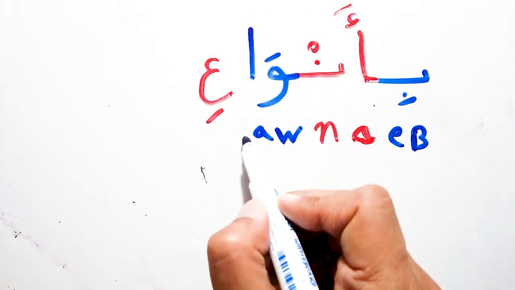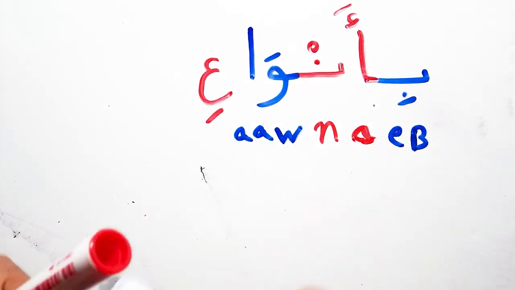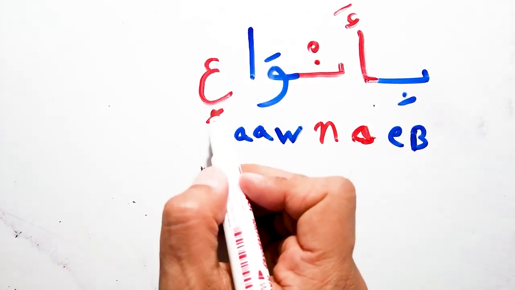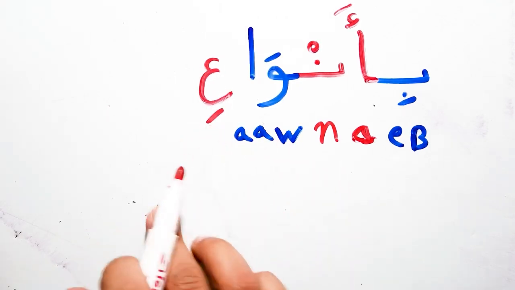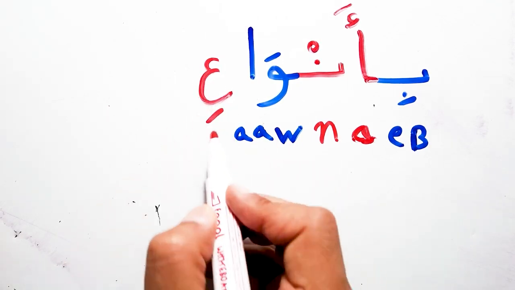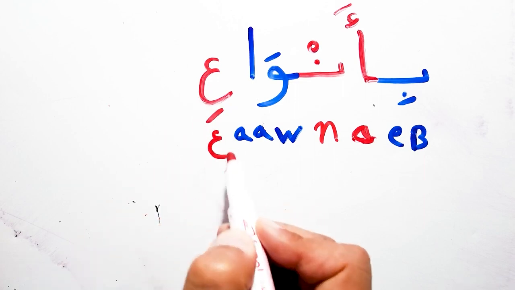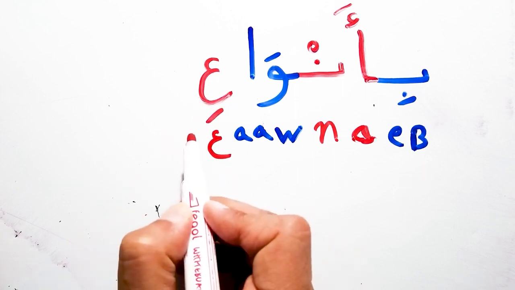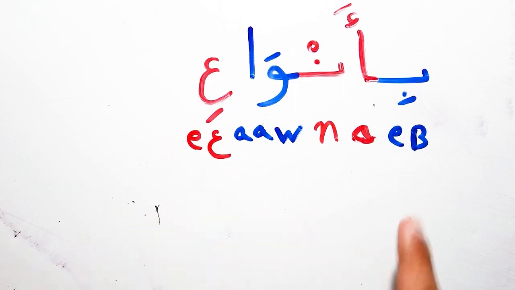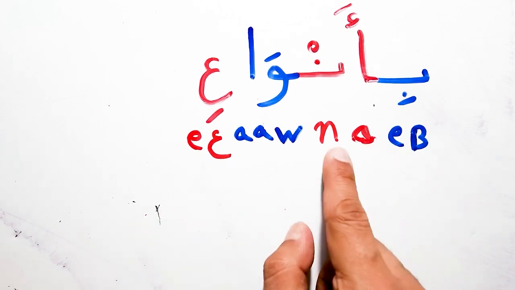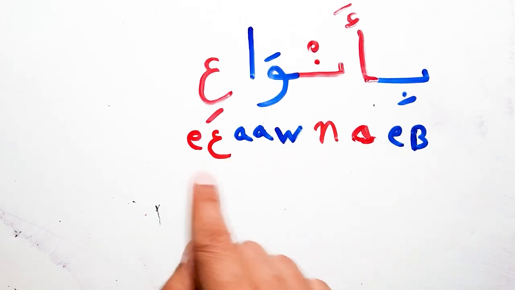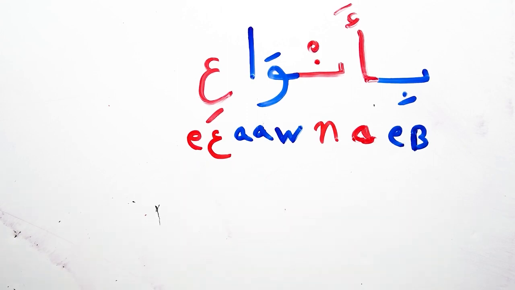And the long vowel alif adds another a. And finally we have the letter ayn. This letter sound doesn't exist in English, so I will keep it as it is, and I will add E in the end. Let's read.